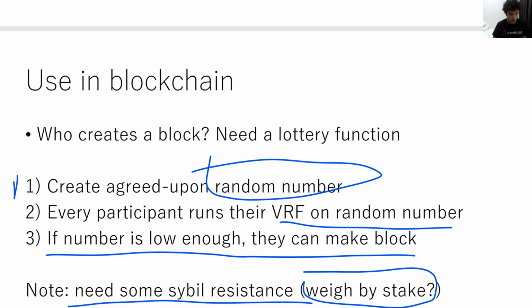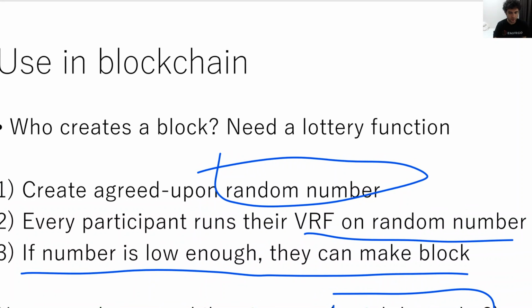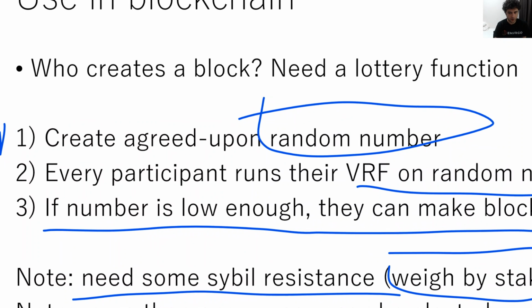That is to say, instead of saying you need to get a number smaller than 10, you would say you need to get a number smaller than your stake in the system. That means the more coins you have on the blockchain, the larger your chances of being elected to become the block producer. This is one way you could fight the Sybil attack problem.